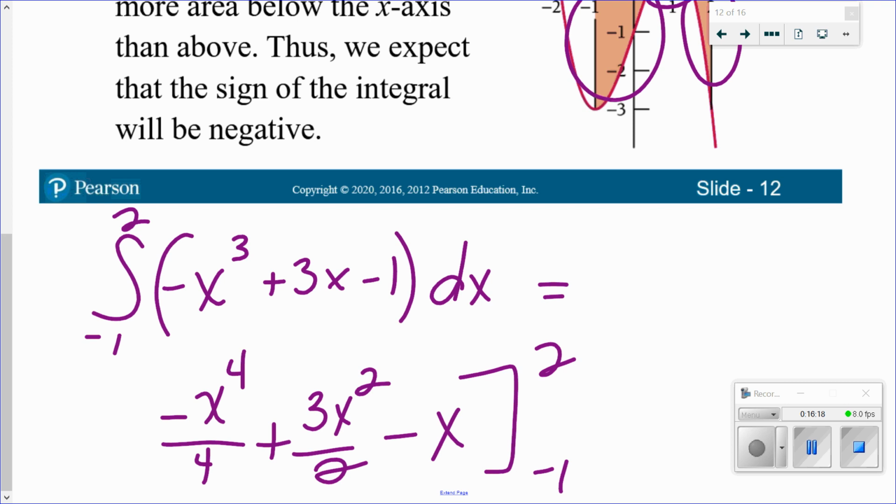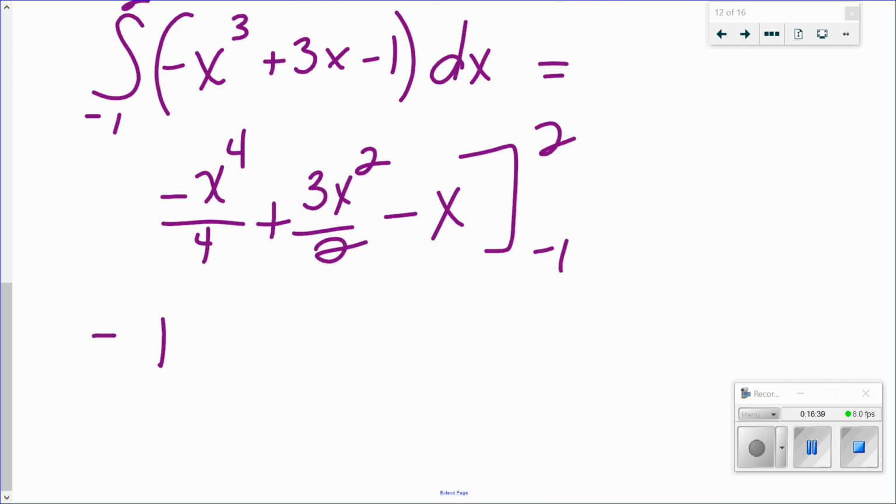Okay, so when we input 2, the answer is -16, minus, when you input -1, you get an answer of -1, so we'll add those. So our answer is negative, it is -15.